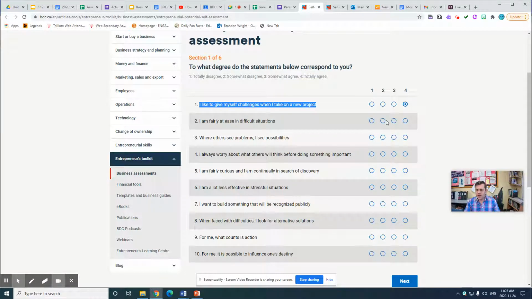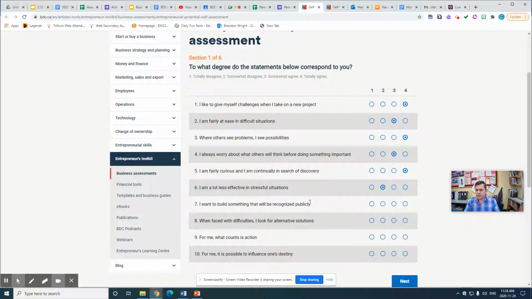I'm fairly at ease in difficult situations. Somewhat agree. Yes. I always worry about what others think before doing something important. I'd say somewhat agree. I'm fairly curious. I'm continually in search of discovery. Yes. I'm a lot less effective in stressful situations. Somewhat disagree.